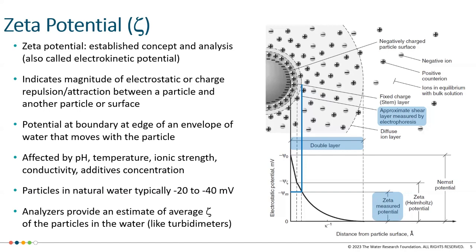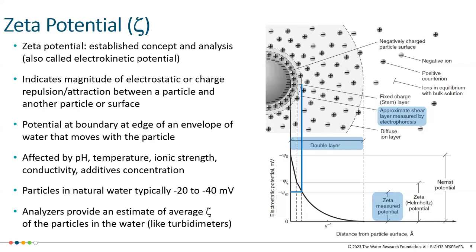And therefore, it's harder for the instrument to converge within the specified tolerance. So it's something to be aware of because we can't parse that out, but there is diversity of values. And like with turbidity, you can have 0.5 NTUs of turbidity, and the distribution of particles that results in it can be very different from matrix to matrix. Same thing with zeta potential.